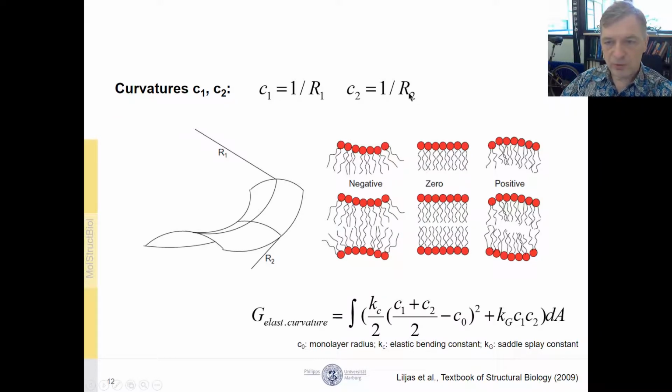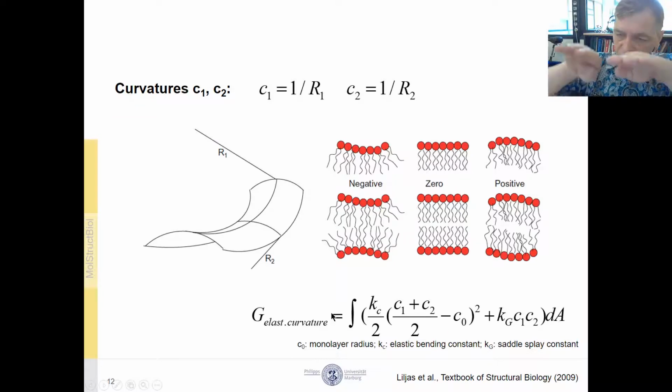So C1 and C2 can be calculated for a phase, and there is a general point that of course they have to counterbalance themselves, and you see also here you need some energy to distort the planar membrane, according to some kind of force constants.